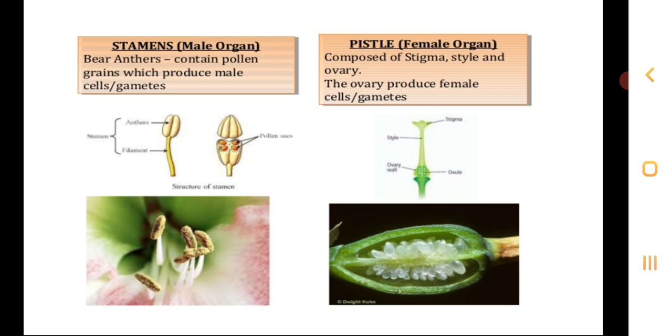I think the diagram shown to you is very clear: the stamen contains anther and filament, and it contains pollen grains also. The female organ, that is the pistil, consists of style, stigma, and ovules which contain the female gametes. It is very much visible in the diagram, students.